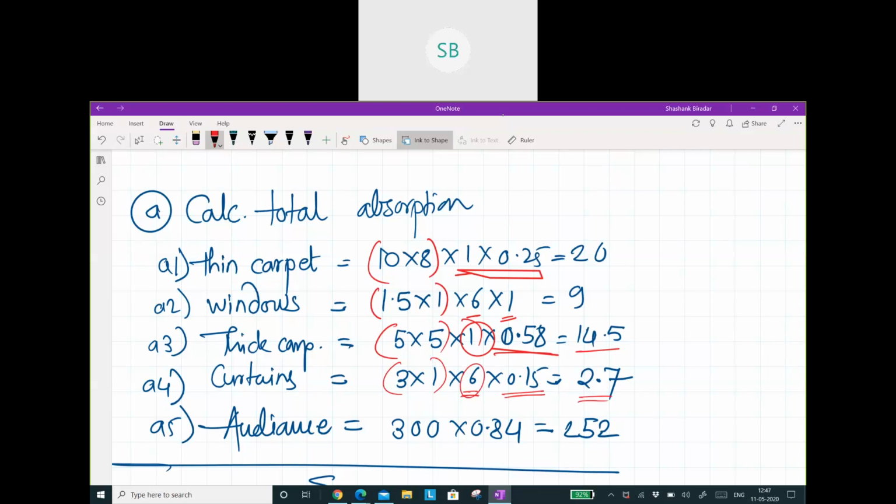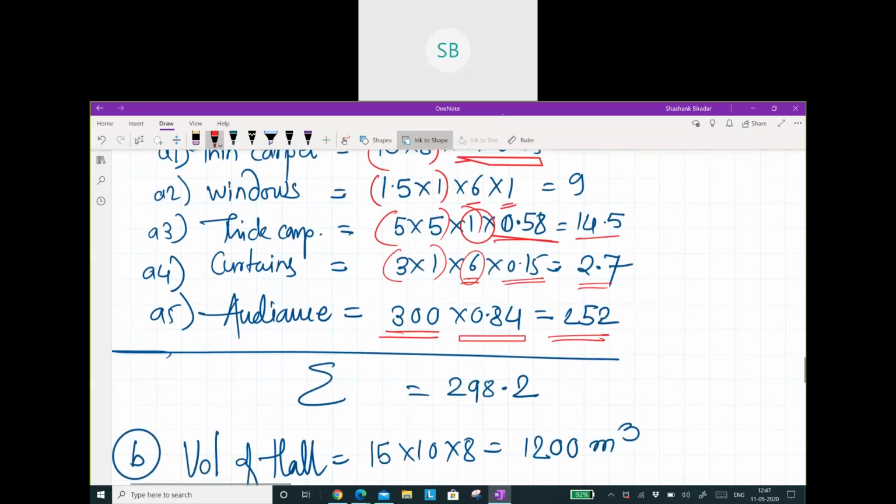And finally you need to consider the audience also. In the audience, a count of 300 has been given and the absorption coefficient was 0.84, so that gives me 252. So these are the various absorptions. Now I need to calculate the total absorption.